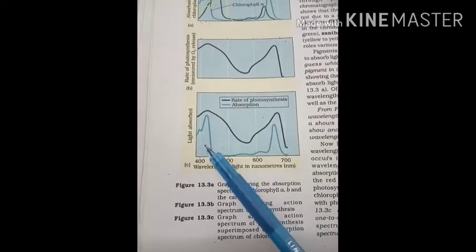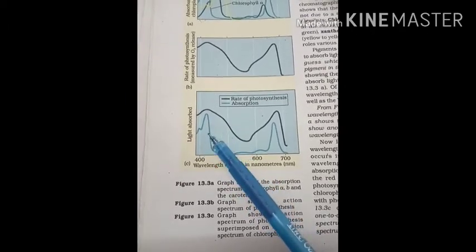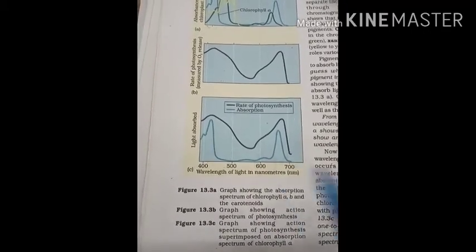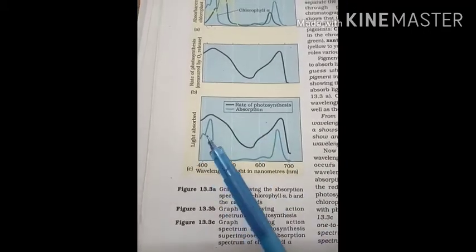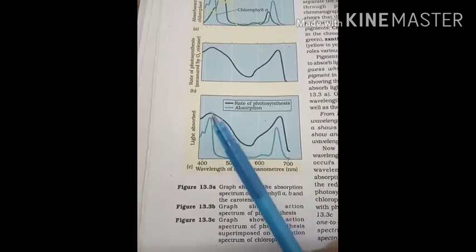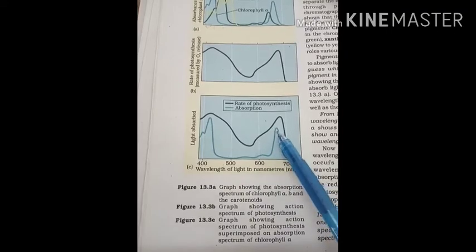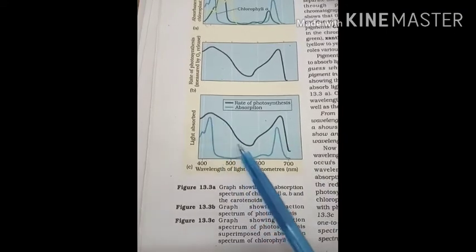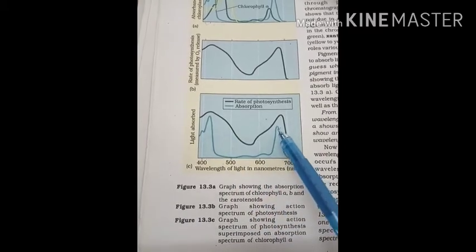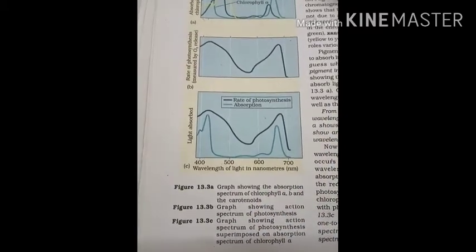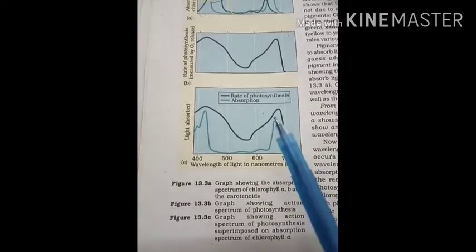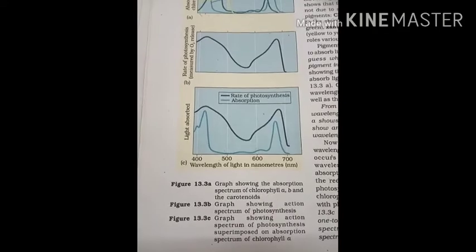It is roughly equal to that wavelength of light at which the rate of absorption is higher. So at these two points we observe the peaks, and this shows the action spectrum of photosynthesis superimposed on the absorption spectrum of chlorophyll A pigment.